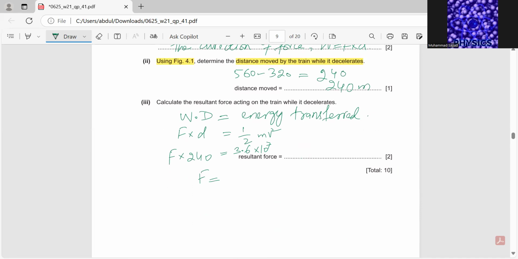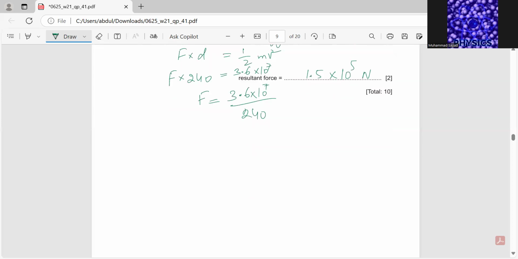And F is equal to 3.6 times 10 to the power 7 over 240. It's 1.5 times 10 to the power 5 Newton. So this question is also done.